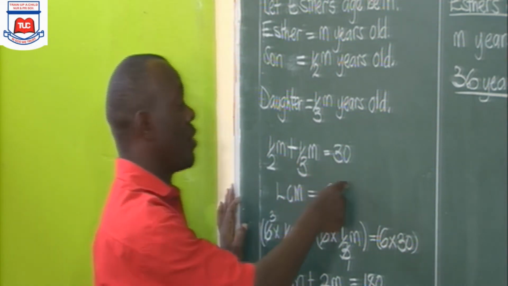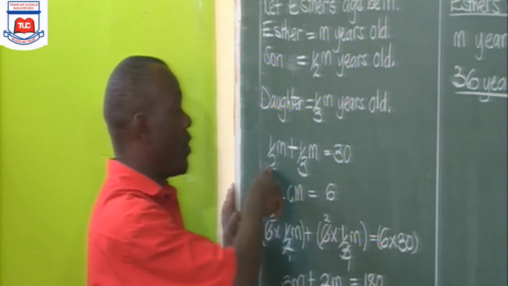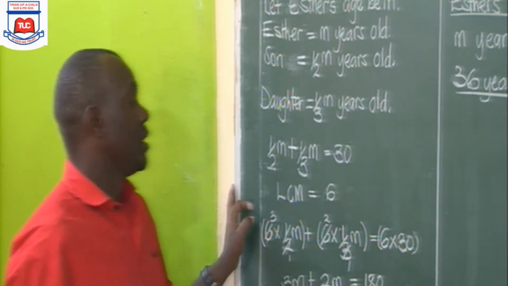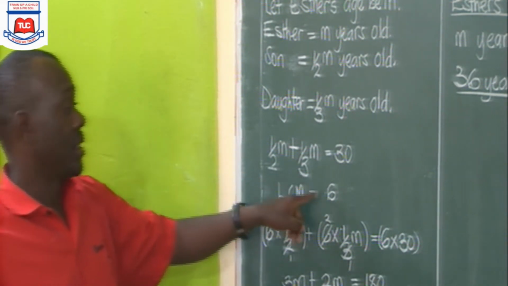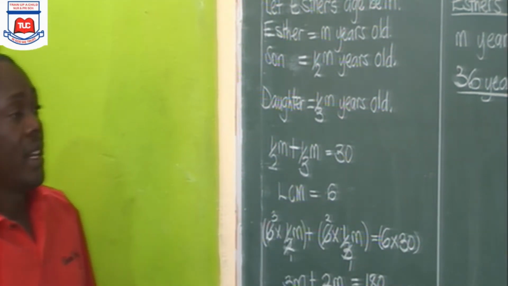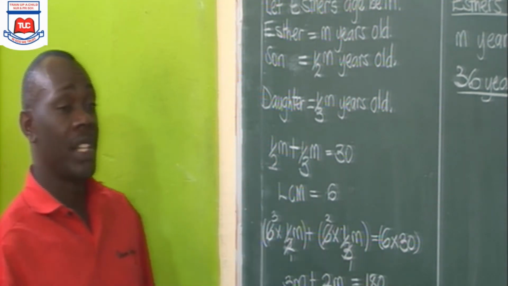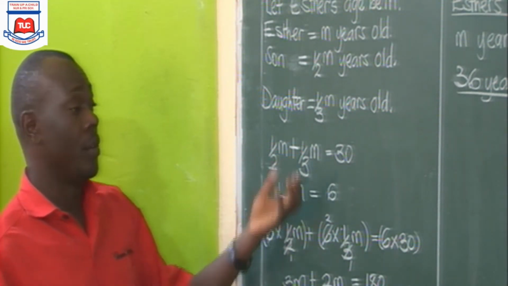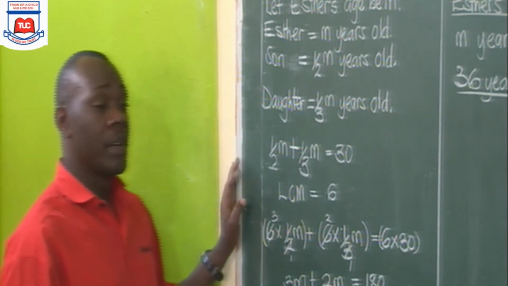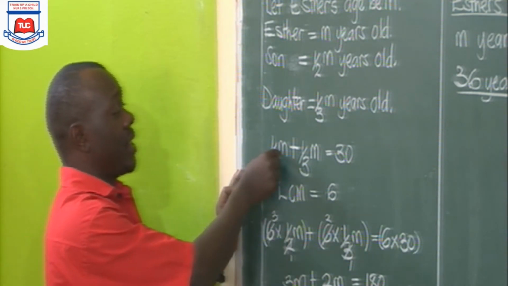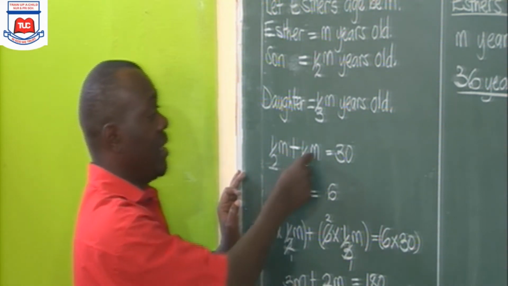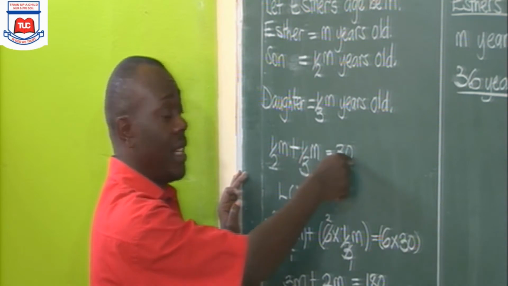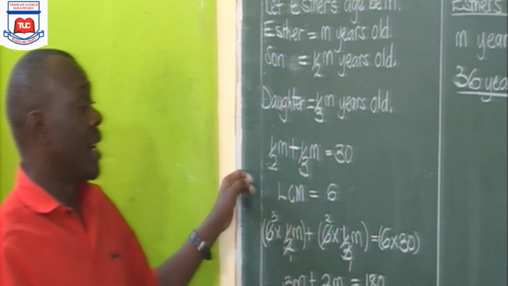So this 30 is out of 1. So find the LCM of 2, 3, and 1, which is 6. Again, ask yourself how many parties this equation involves. You say this is a party, a sign, a party, a sign, a party. So the parties are 3.